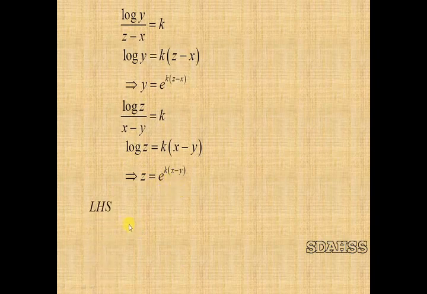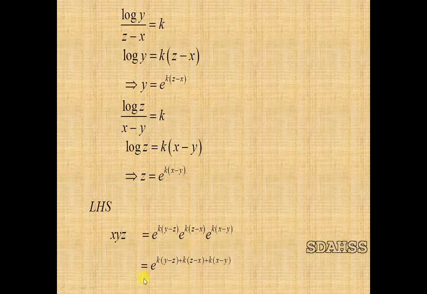Then LHS is xyz is equal to, here x value is e power k into y minus z and y is e power k into z minus x and z is e power k into x minus y. Here the bases are equal. So add the powers. So you will get e power k into y minus z plus k into z minus x plus k into x minus y.